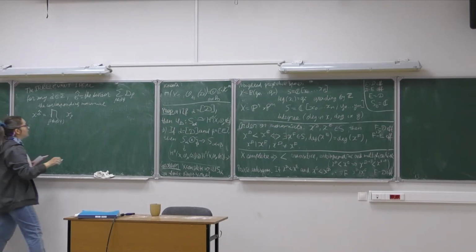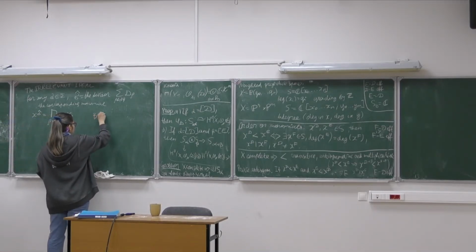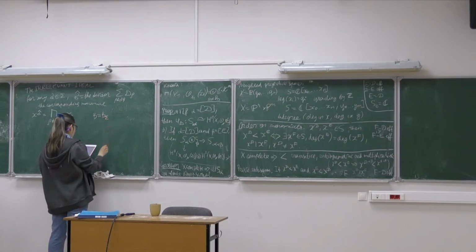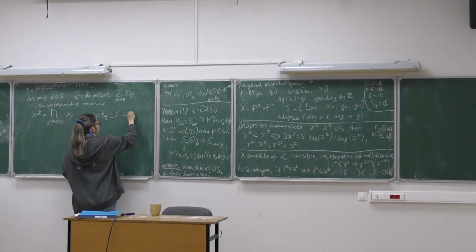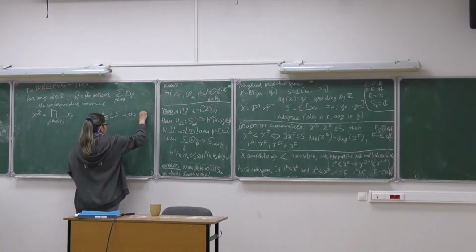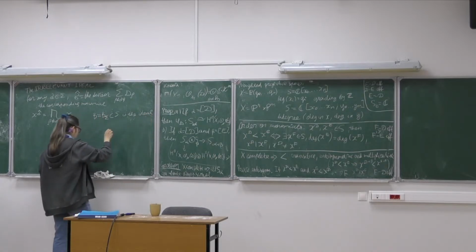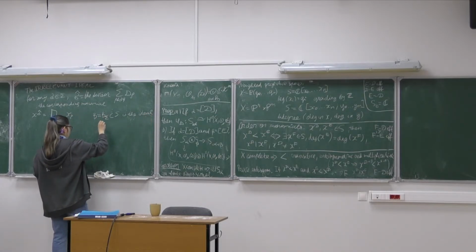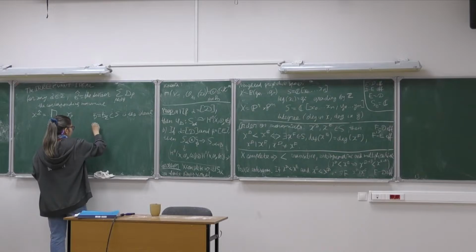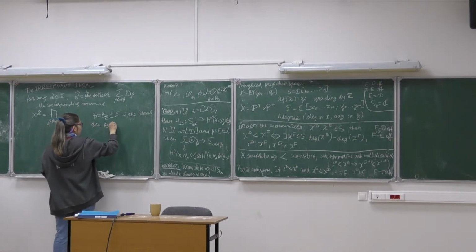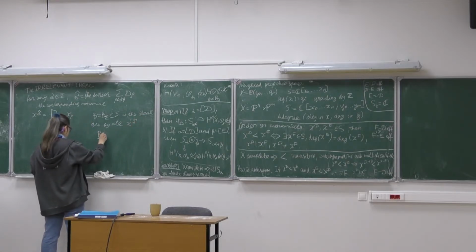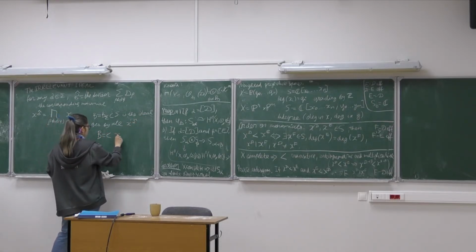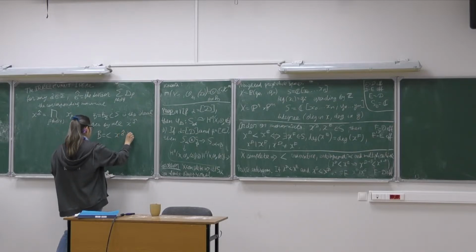And now B, which depends on the fan, is the ideal generated by all x sigma hat, for all sigma in the fan.